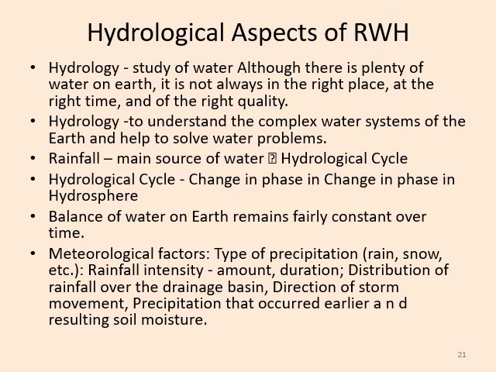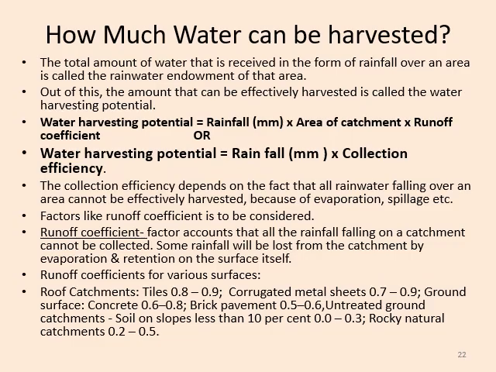From there the surface runoff can also be altered. So how much water can be harvested? We have to calculate or estimate the quantity of rainfall water.